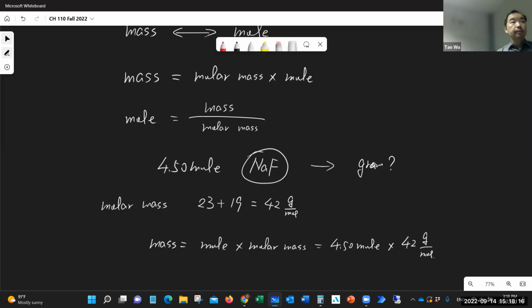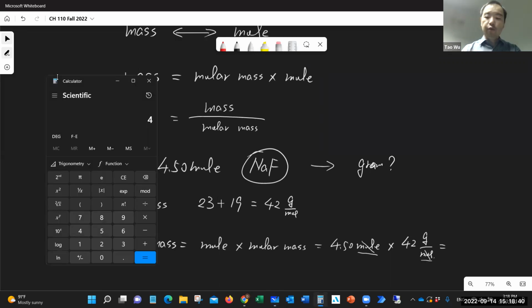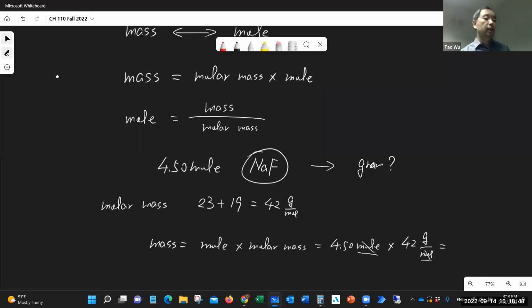The mole unit cancels the mole, and the leftover unit is gram. I'm just giving you the equation instead of using the conversion factor. Put 4.50 times 42 into your calculator and you get 189 grams.